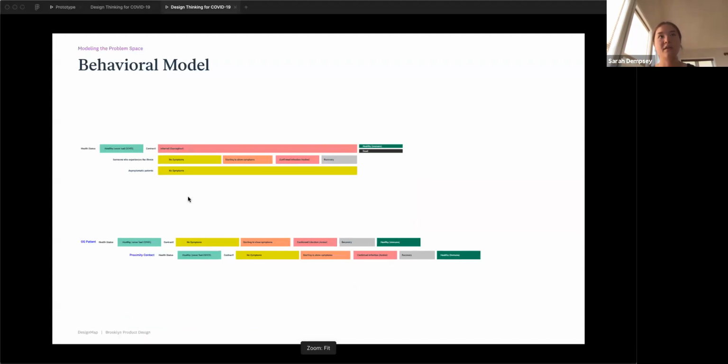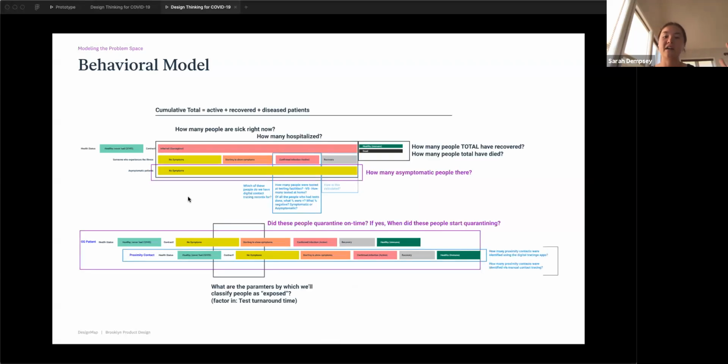This model in itself allowed us to add on these different questions, and these questions are how Vivian and I confirmed for ourselves that we were looking at the right areas and that we understood all the right pieces that were related.